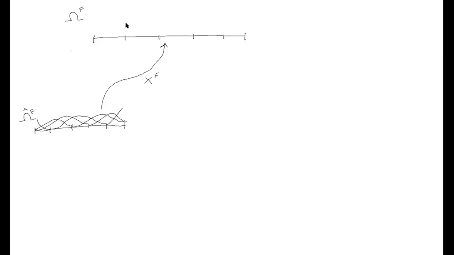All right, now let's draw a CAD domain. Maybe the CAD domain, something like this. And then we can imagine that there's some mapping that is bringing in our parametric CAD domain, but we're going to leave this unspecified.